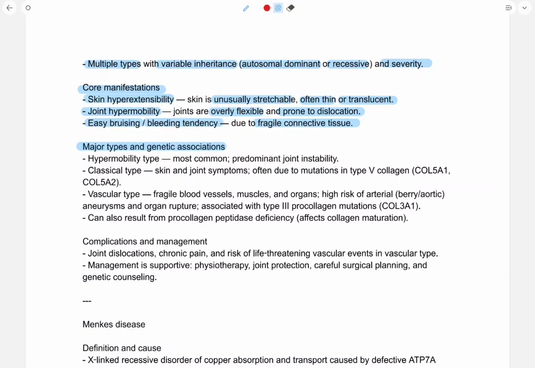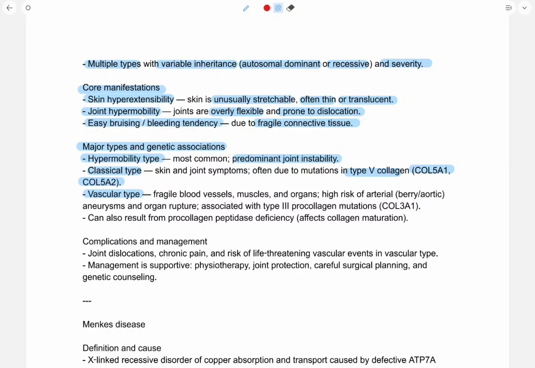Major types and genetic associations of Ehlers-Danlos syndrome. Hypermobility type is the most common, with predominant joint instability. Classical type has skin and joint symptoms, often due to mutation in type 5 collagen, genes COL5A1 and COL5A2.